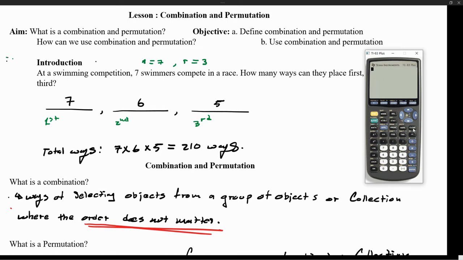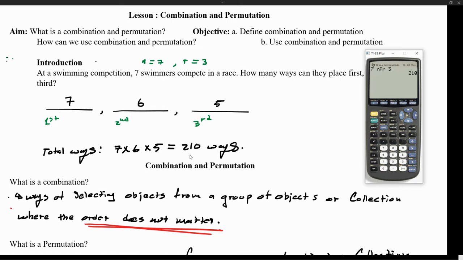What we have to do is first define the value of n, which in this case is 7. Then we're going to hit math, go to probability, go to option 2. Notice that it says 7P, and then on the right-hand side, we're going to put down the value of r, which in this case is 3. And notice that we still get the value of 210.